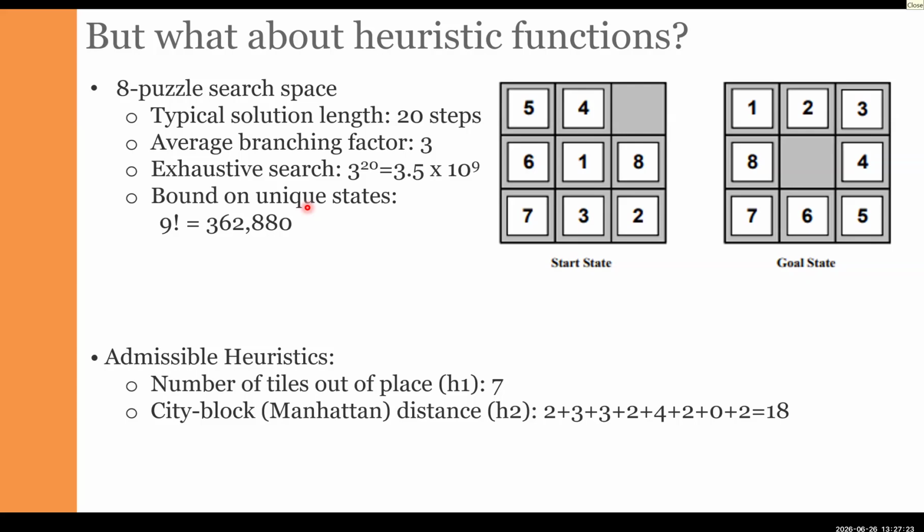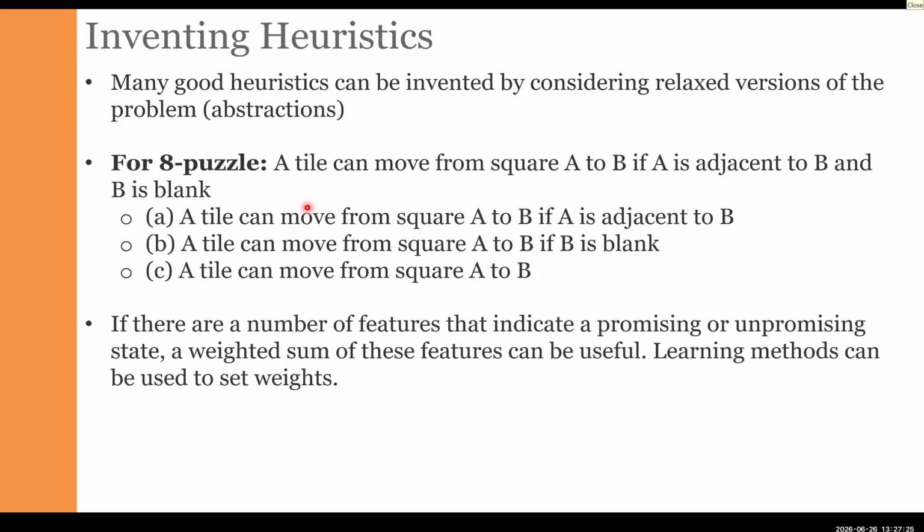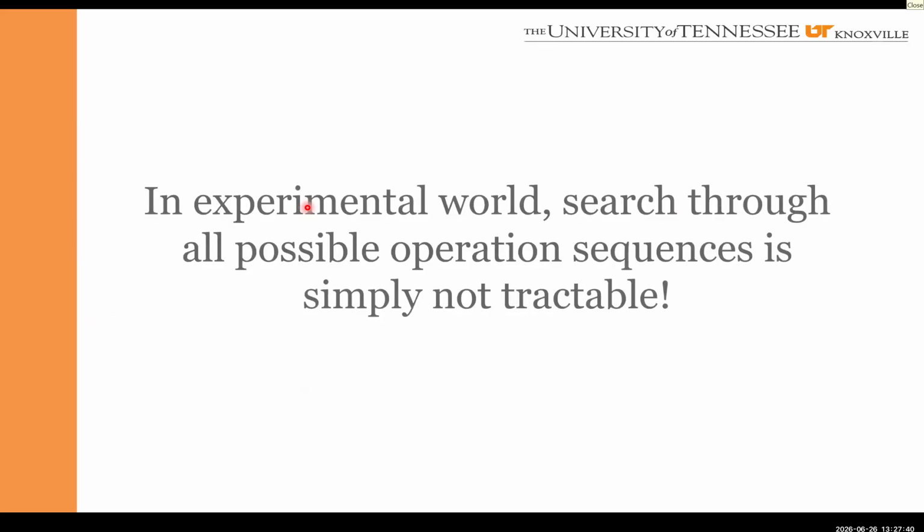So that gives rise to something like admissible heuristics. For example, for the puzzle where you have to move tiles, you can reduce some of the constraints on the available moves, and that gives you some form of heuristic that can be useful.